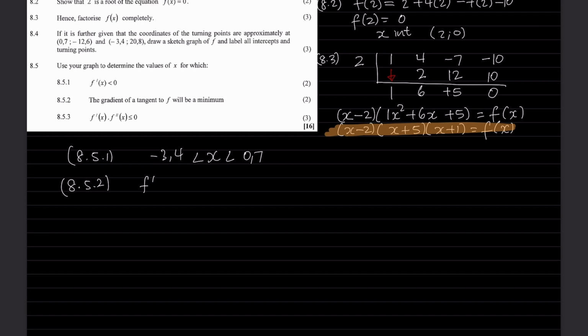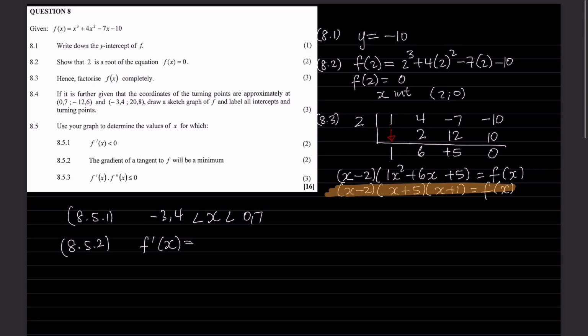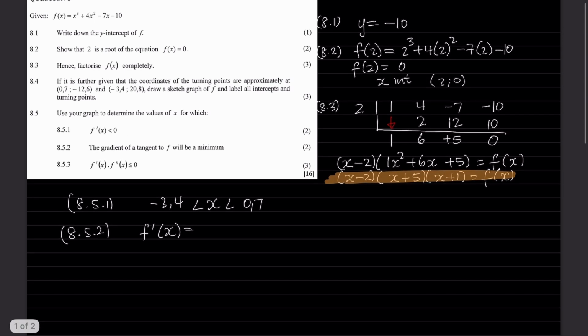So let's go the double derivative route. So f prime x is going to be 3x squared plus 8x minus 7. That means the second derivative will be 6x plus 8.